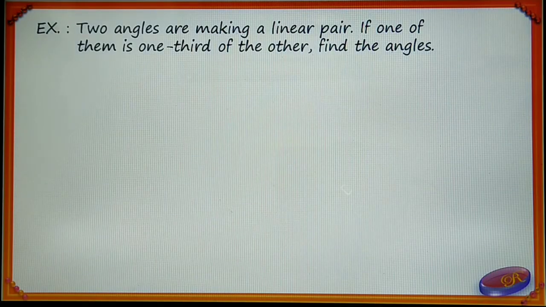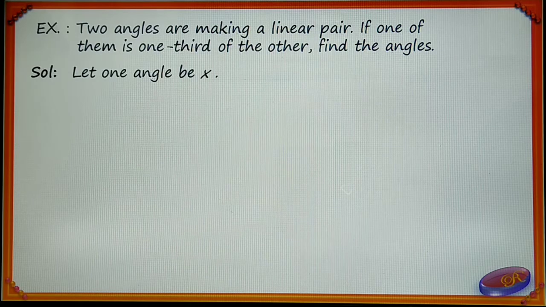Example, two angles are making a linear pair. If one of them is 1/3 of the other, find the angles. Solution. Let one angle be x. So, other angle is equal to 1/3 x.